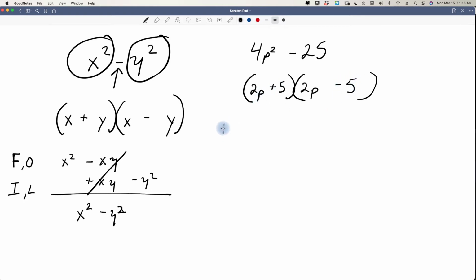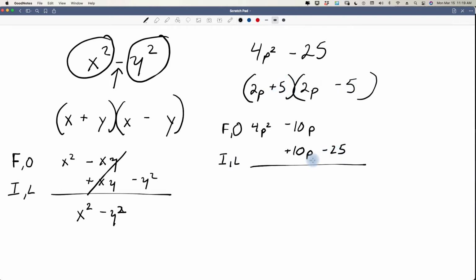When we go ahead and do our FOIL method, we do our first: 2p times 2p is 4p squared. We do our outer: 2p times negative 5 is a negative 10p. Let's do our inner: positive 5 times 2p is going to be positive 10p. And then our last, positive 5 times negative 5 is a negative 25.